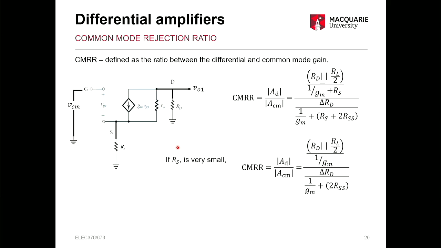If RS is very small, which is a reasonable assumption, then we can simplify our expression a little bit there. And we can rearrange into this expression, a little bit easier to handle. That's just by multiplying through by GM and by 1 plus 2R SS.